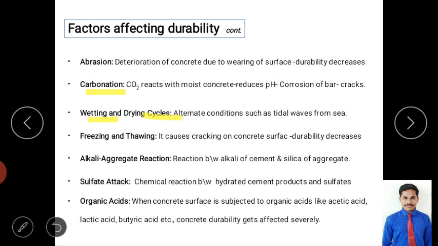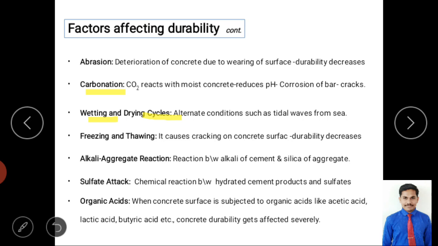So due to this, it has some chemical actions because of some chemical contents in the seawater. For example, you can see sulfate attack. That is also one point, but it forms mainly because of the wetting and drying condition. Sometimes it will get a wet condition, sometimes a dry condition. So due to the alternating condition, mainly due to tidal waves of the sea and some other conditions, it reduces the durability.